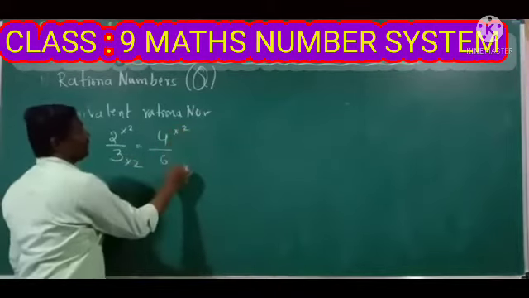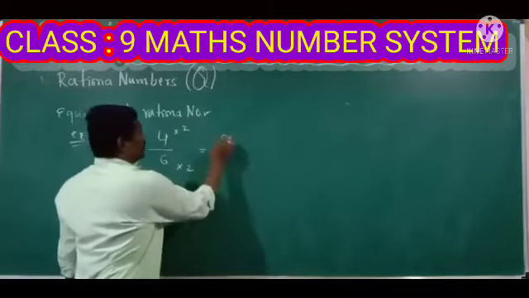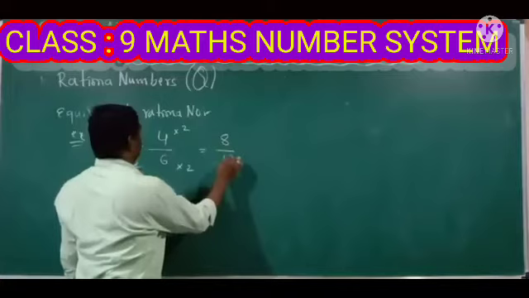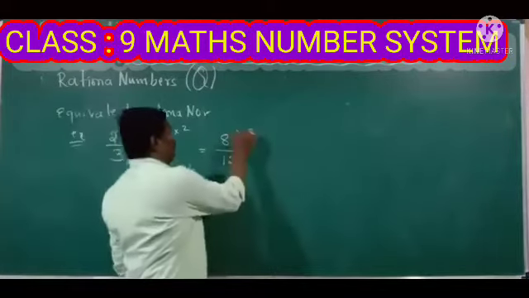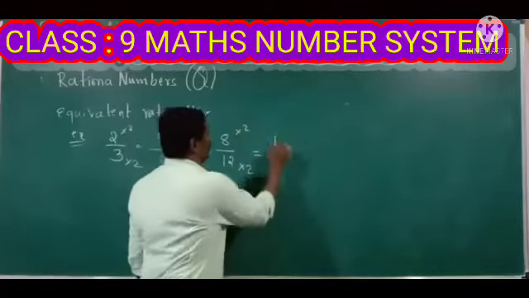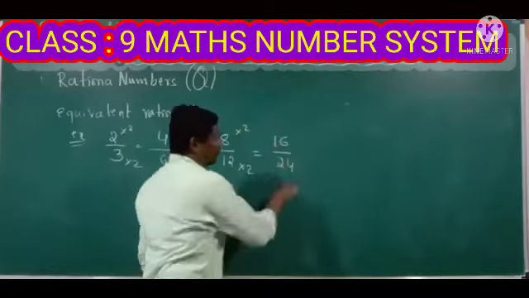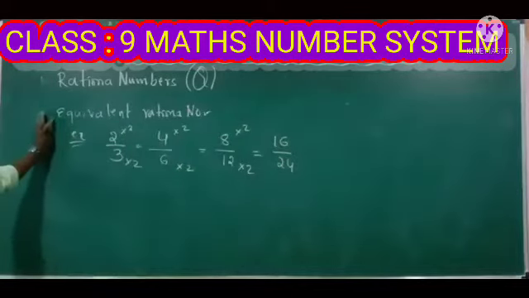Again multiply 2 for both: 4 2s are 8, 6 2s are 12. Again multiply 2 for both: 16 by 24. So these types of numbers are called equivalent rational numbers.